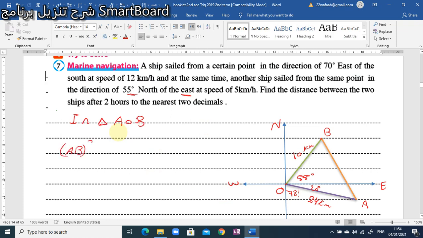AB power 2 equal 10 power 2 plus 24 power 2 minus 2 times 10 times 24 times cosine 75.